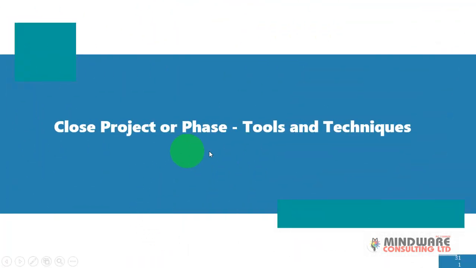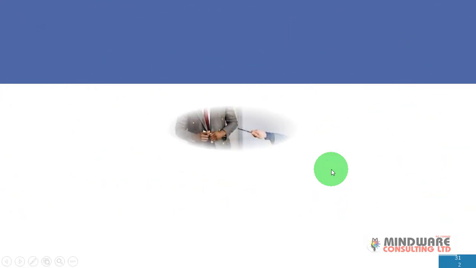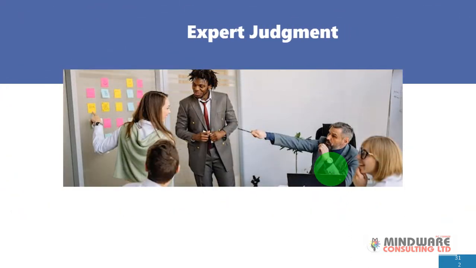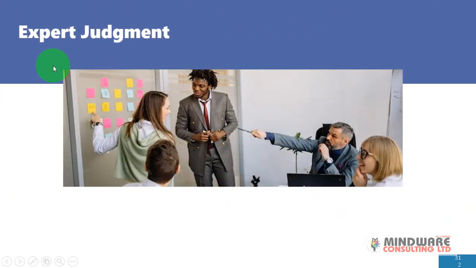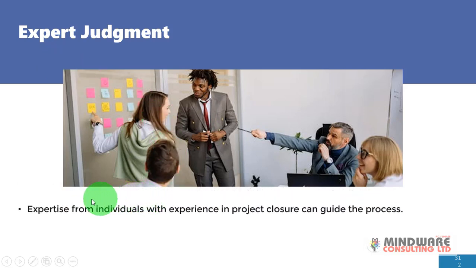So let's look at the tools and techniques in the close project or phase process. The first technique on the list is expert judgment. Expertise from individuals with experience in project closure can guide the process.